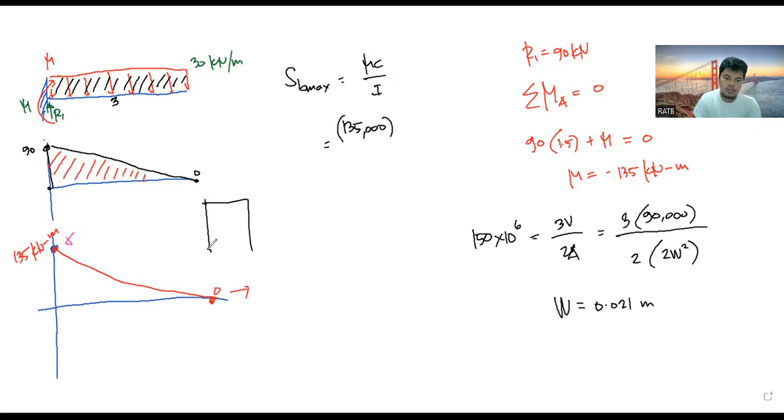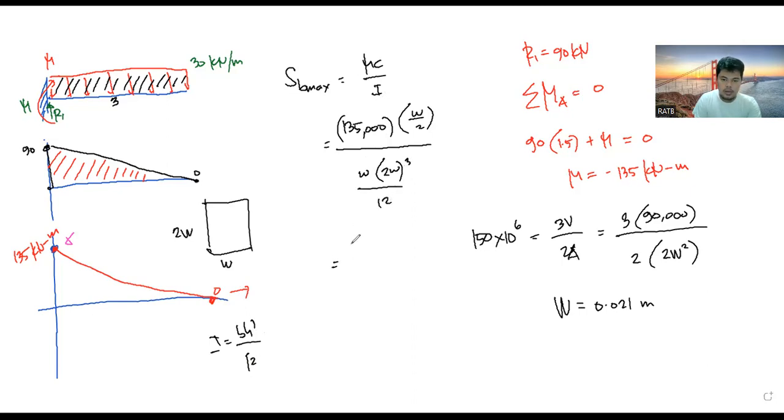Going back, this is the width, and this would be the height, so that's 2 times the width. So C is width over 2, and I is basically BH cube over 12. So base is W, height is 2W, cubed, over 12.